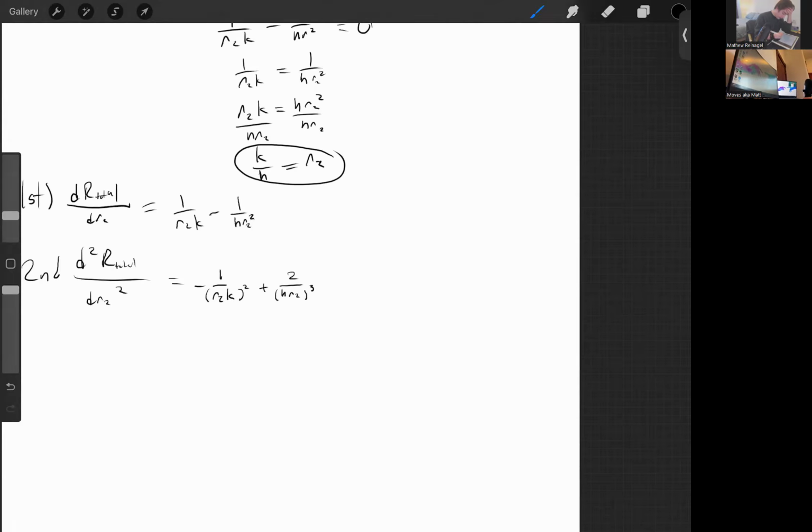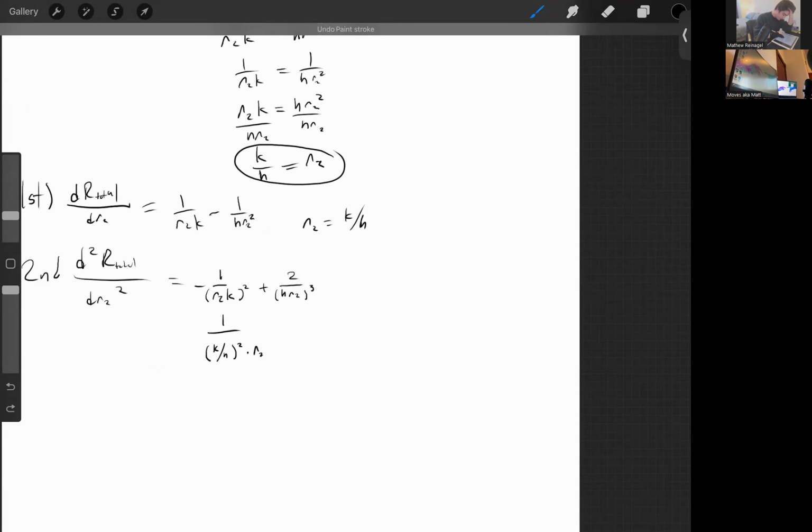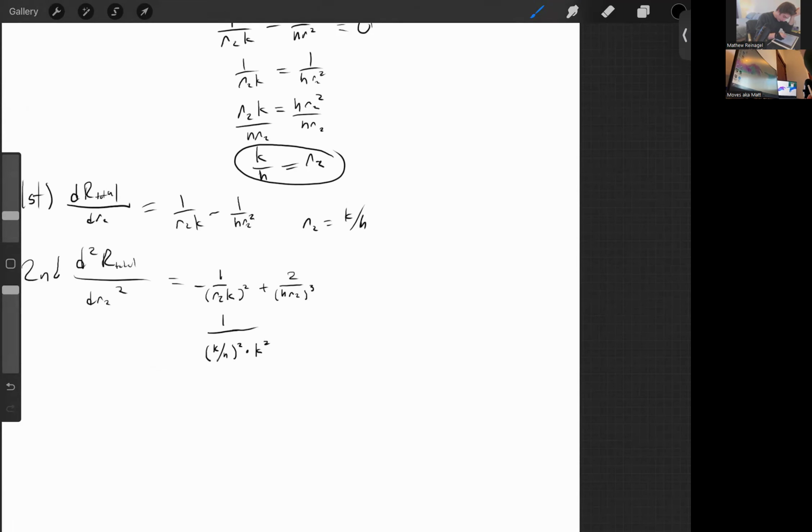So when I do this, I'm going to substitute in R2 equals K over H. When I do that, I'm going to get 1 over K times K over H squared, plus 2 over H times K over H cubed.